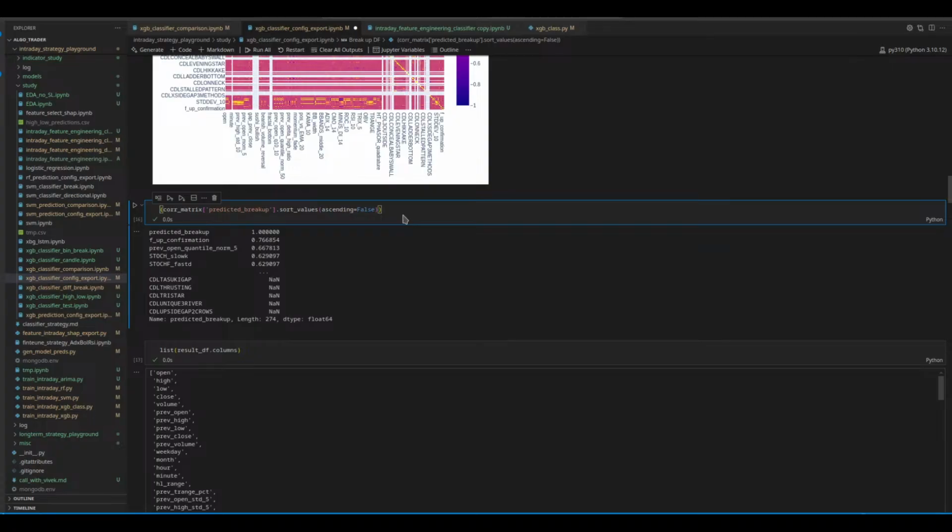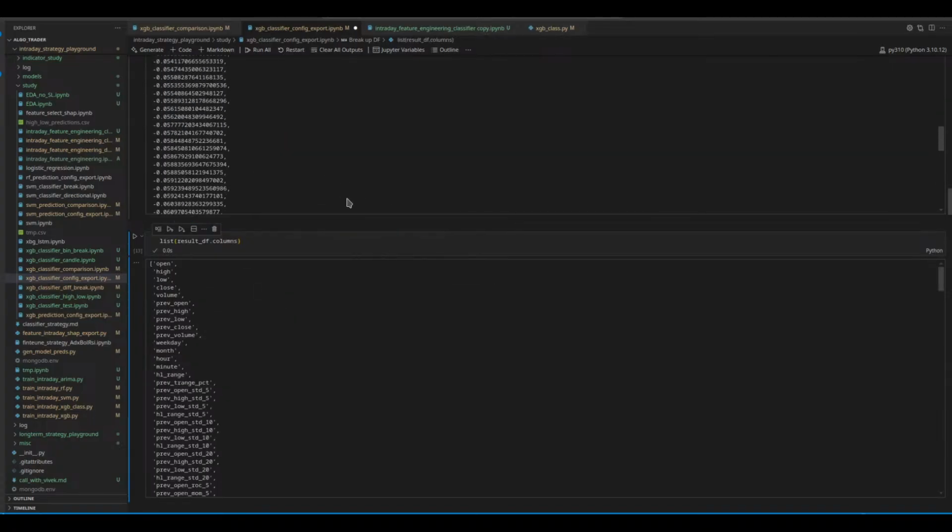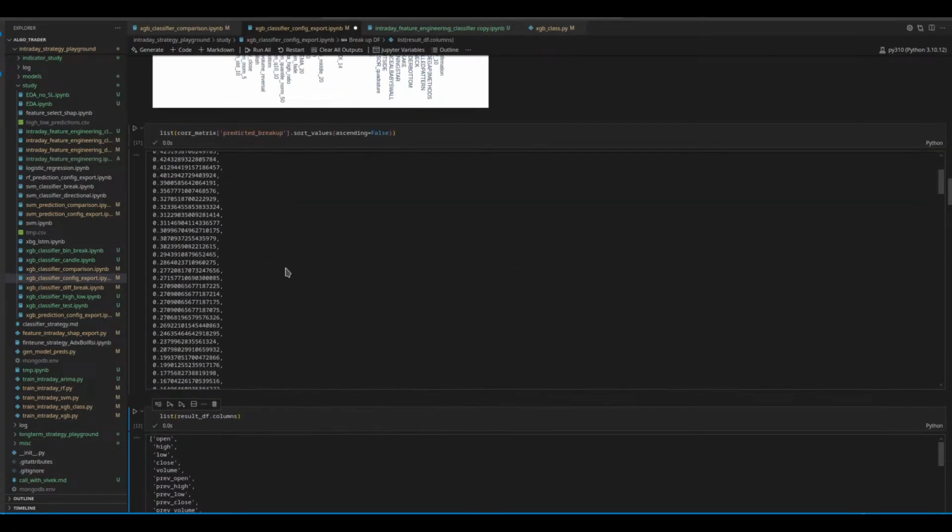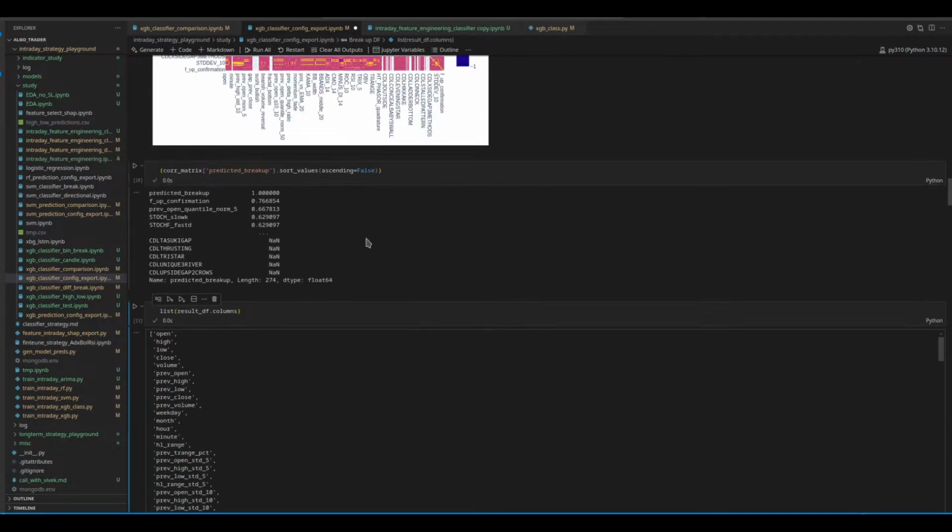Put it to a list. Would it work? Does work. F up confirmation. Previous open quantile stochastic.